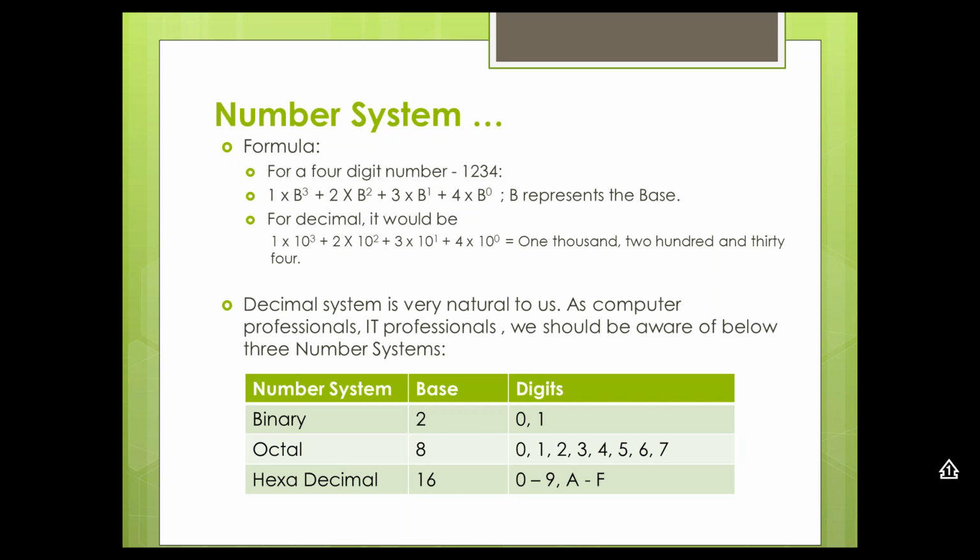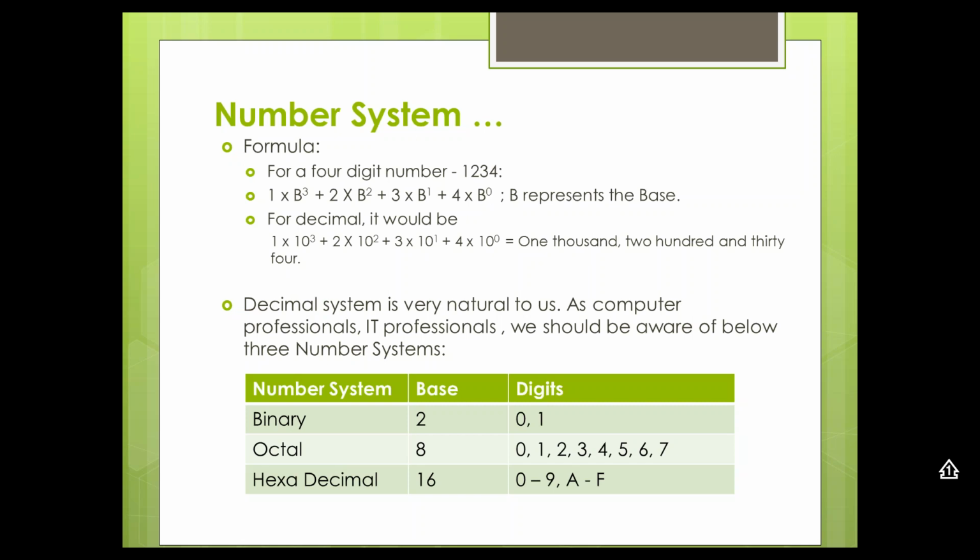So as computer professionals, apart from the decimal system, we should be aware of 3 other number systems: binary, octal and hexadecimal. In binary we have only 2 digits, 0 and 1, and its base is 2.